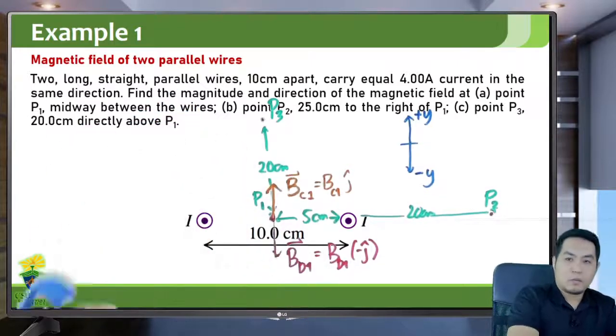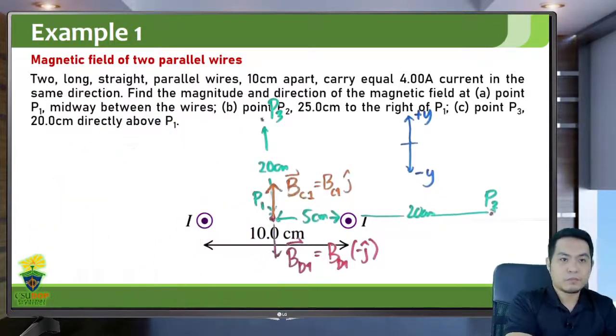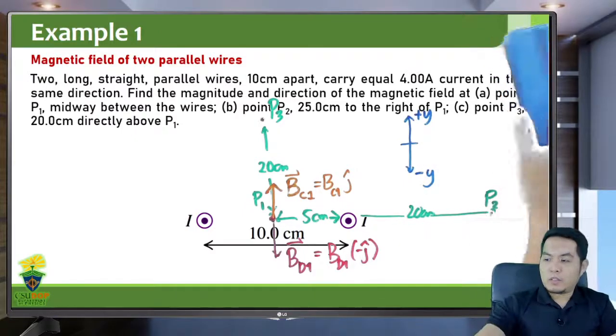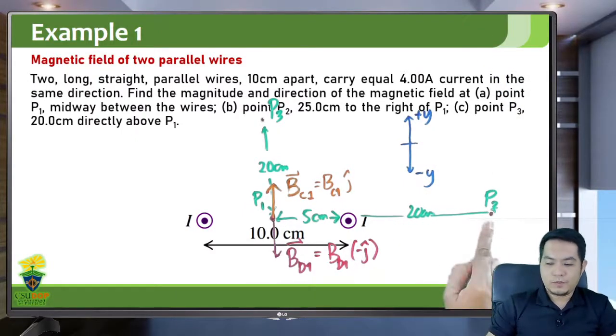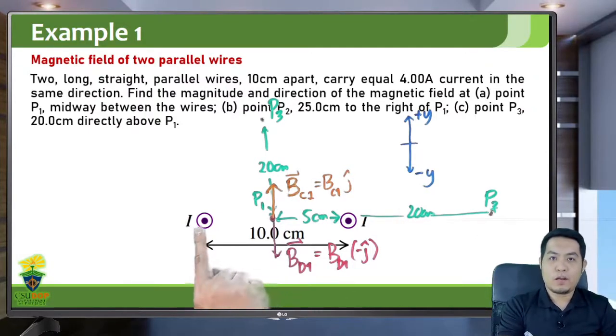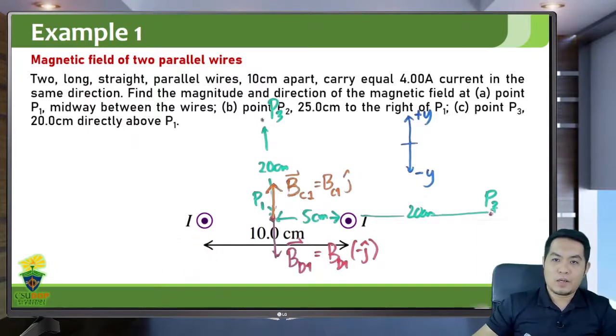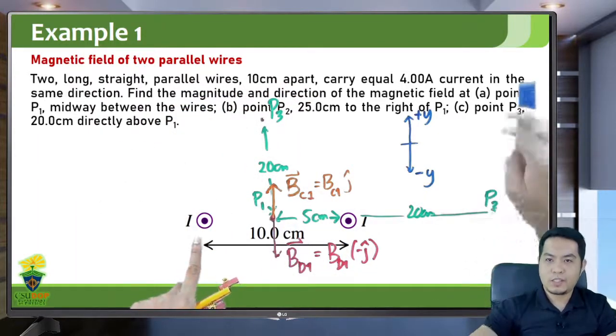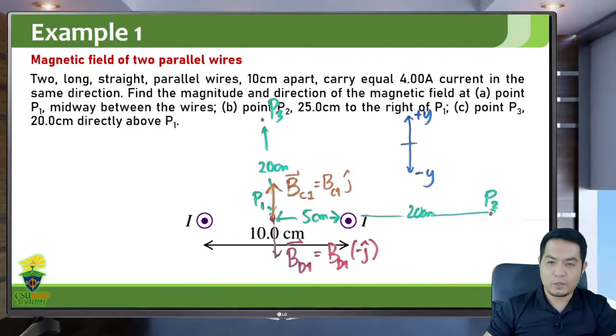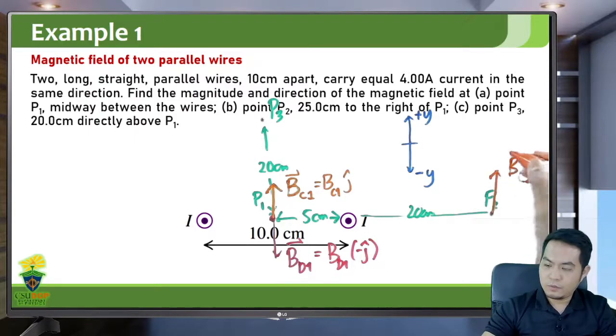So how about point P2? At point P2, we will use the same analogy. Due to wire C, the magnetic field is counterclockwise. So at point P2, due to wire C, the direction of the magnetic field will be upward, that is BC2.